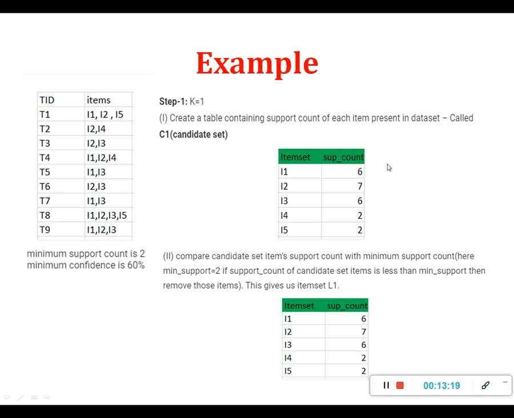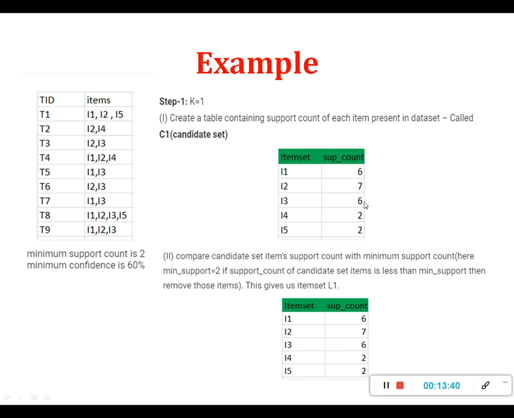So I1 is having 6, and 6 is greater than or equal to 2, yes. That's why I1 is included in our next list, which is called L1. This is called the candidate list, and this is my list L1. Again, I2 has 7, which is greater than 2, so I2 is also included; it is also frequent.